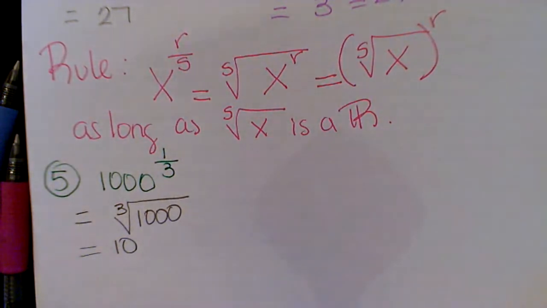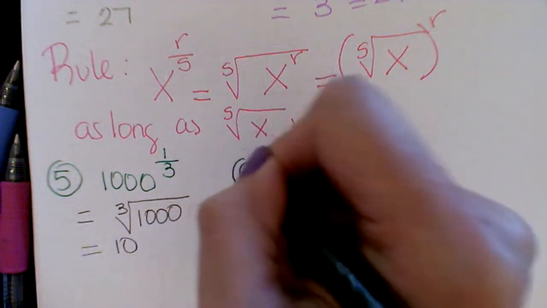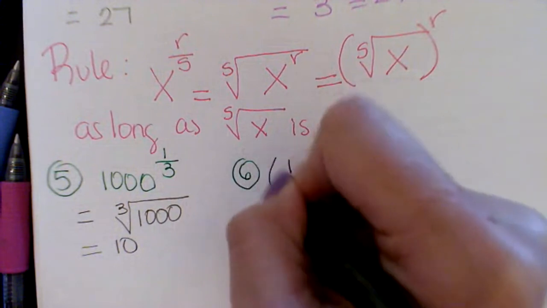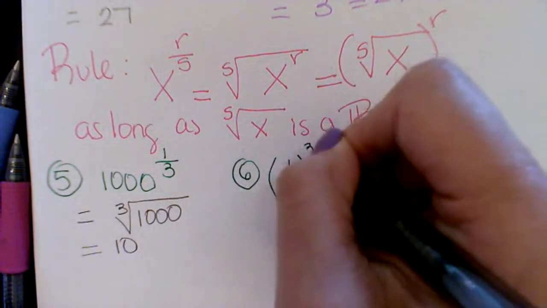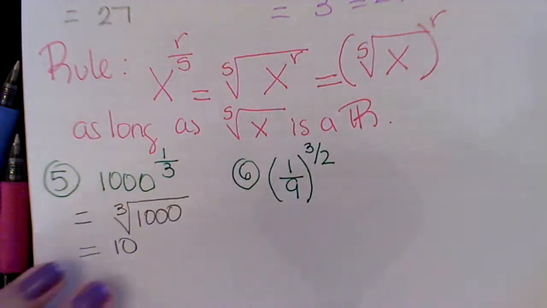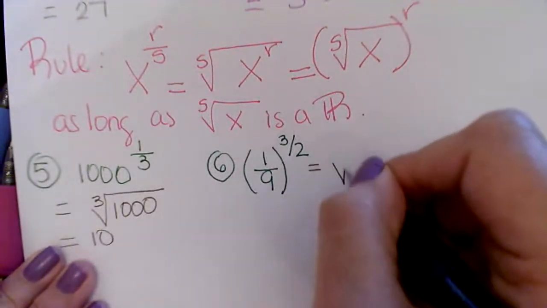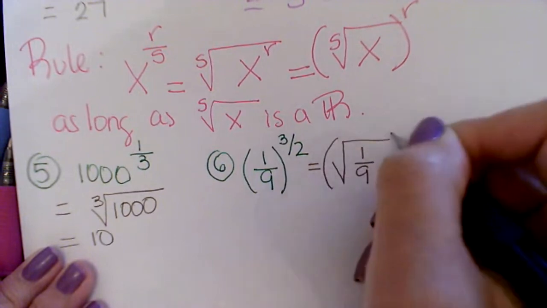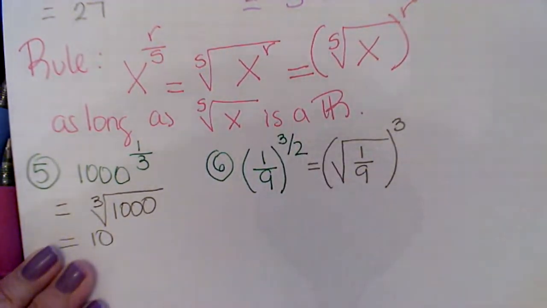Now let's do 6. 6 is 1/9 to the 3/2. So this is equal to what? The square root of 1/9, and what did we say? Applying the rule, to the 3rd power.